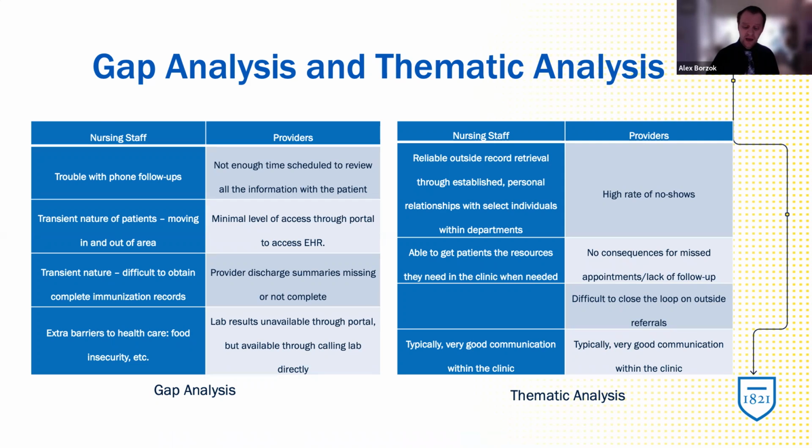In order to do that, a site survey was completed, spread out over 3 days, interviewing and sitting down with staff, observing what everybody does, looking at how the appointment flow goes, reviewing all the notes, and then looking at all the gaps and the themes that developed between both the nursing staff and the providers.